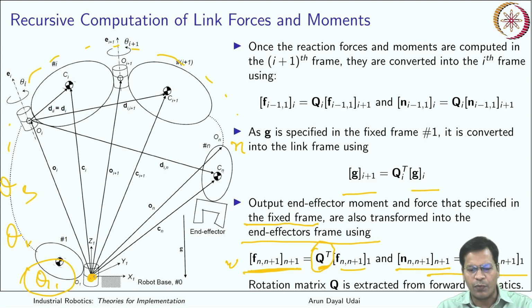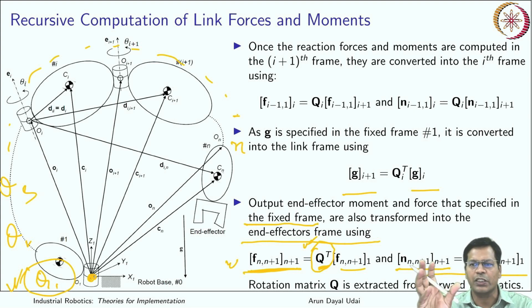So it is the product of all those, wherever you want to go. This is nothing but a transformation that takes you from the first frame to the nth frame. That can quickly be extracted from the forward kinematics transformation matrix.